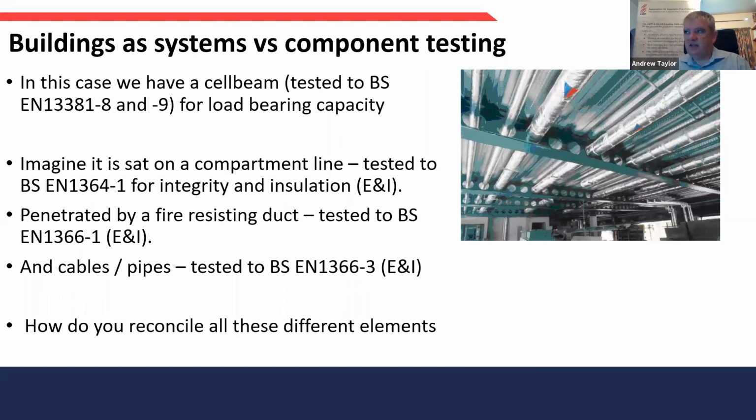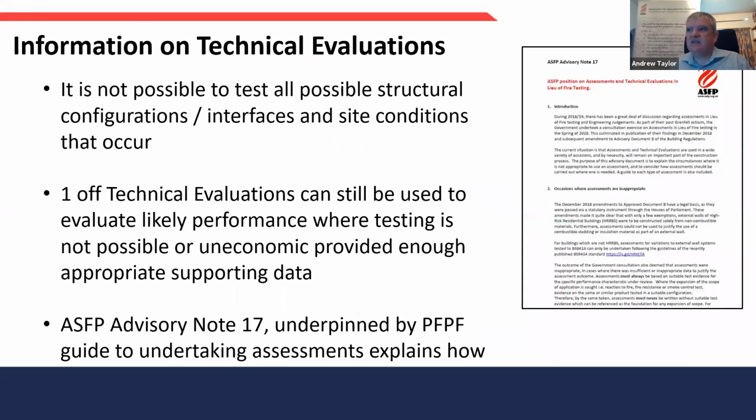So the only way to reconcile these at the moment is to conduct some form of technical evaluation, looking at structural configurations and interfaces and considering how the beam affects the partition, how the partition affects the beam, and how the penetrating element affects the partition and the beam. The only way you could do that is to get somebody who's skilled in that to do it.